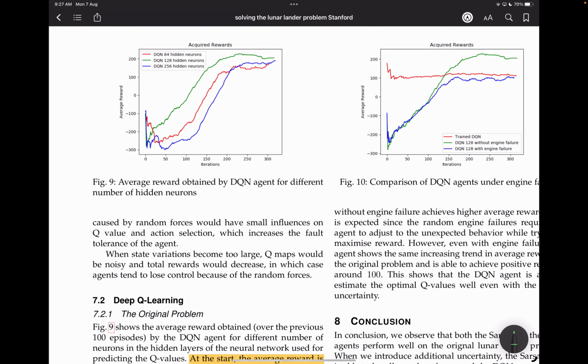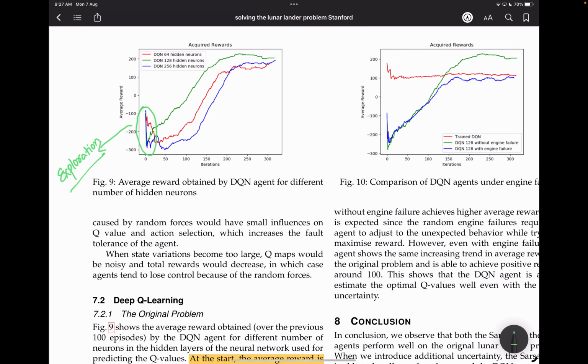For a DQN, it all started in the negative range. See the peaks at the starting. These peaks actually tell you that the agent is in the exploration phase. Whenever you see these peaks, it's obvious that the agent is exploring right now. It has nothing to do with the reward. It's just exploring the environment, right?